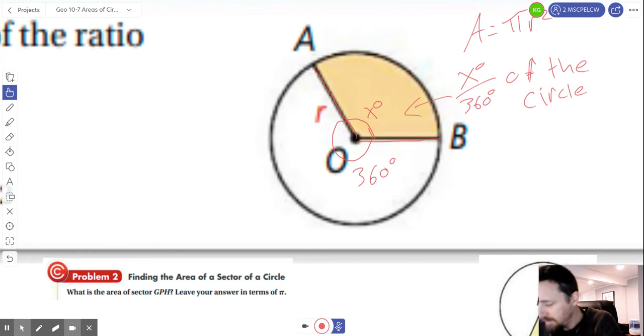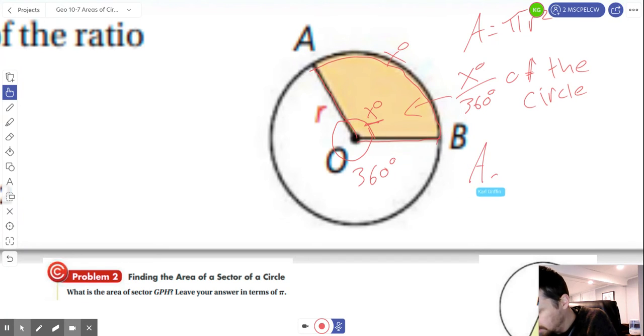So if we take whatever that degrees might be, we can write x here in the middle for this angle. We can also label the arc as x degrees, and an arc is always the same measure as the central angle. So those two are the two ways of saying the same thing. Once you know that percent or that ratio of the circle, you're just going to multiply the area.